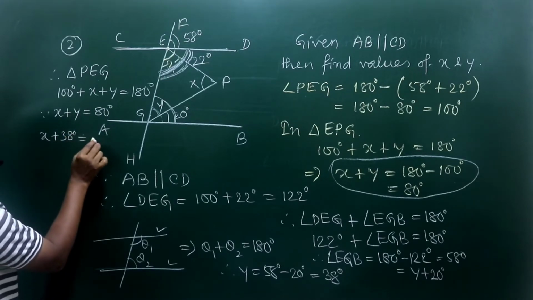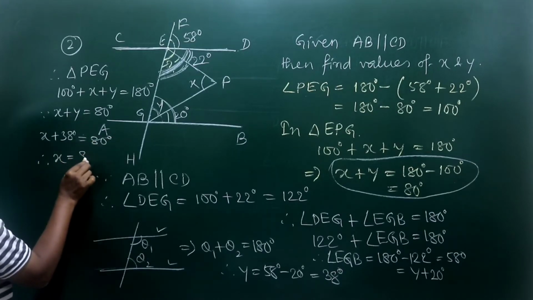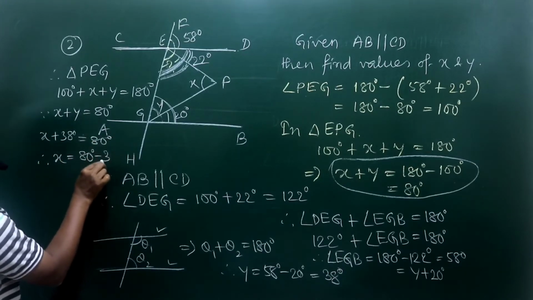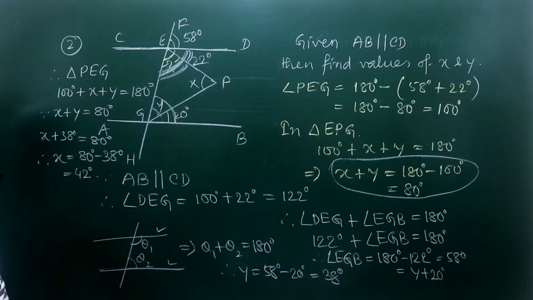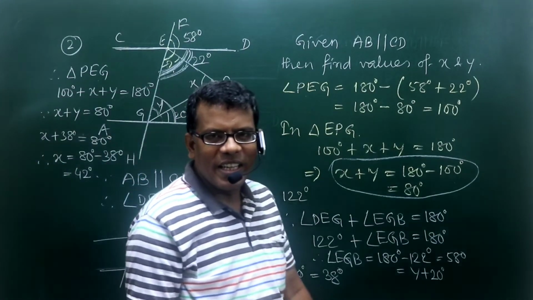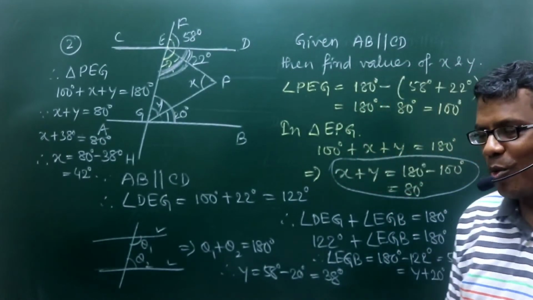So x plus 38 is equal to 80 degrees. So therefore, can we say x is equal to 80 degrees minus 38 degrees, means it will be how much? It will be 42 degrees. Are you getting it?